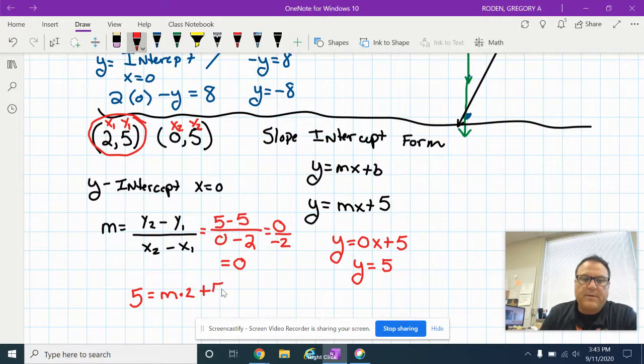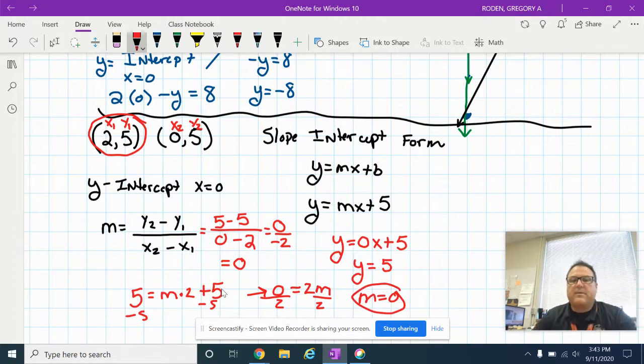So solving for m, we just subtract 5 from both sides. So we get 0 equals 2 times m, or m times 2, same thing. Divide both sides by 2. Look, you still get 0, so m equals 0. So yep, you get this. You can do the same thing either way. You could plug in an x and y value, you could use the slope formula, or you could plug in one of the x, y values and solve for m. Either one's fine.